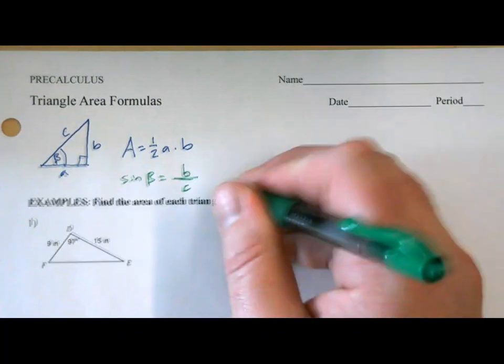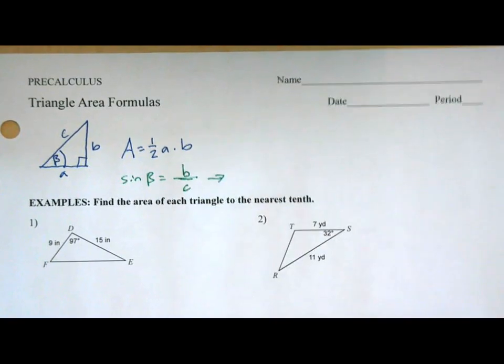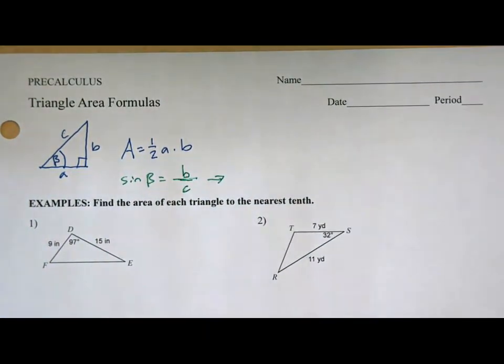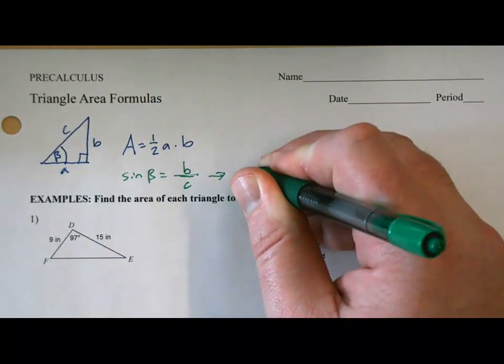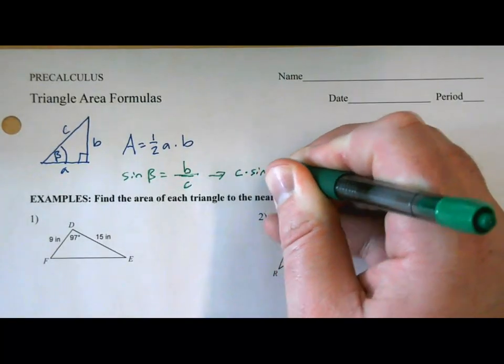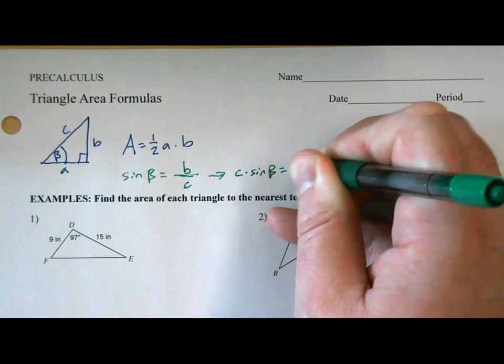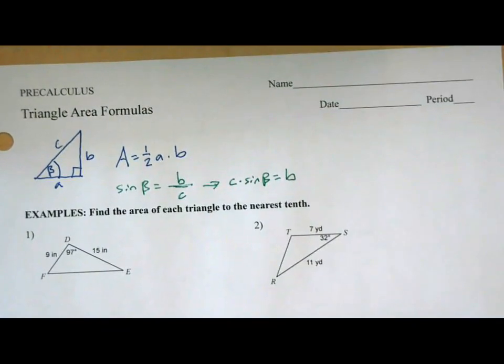Could you take that equation and manipulate it to get B by itself, please? What would you do to both sides to get B by itself? How are you going to get rid of that over C? Multiply by C on both sides. Clear the fractions, basically. So you'd end up with C times the sine of beta equal to B. Agreed?